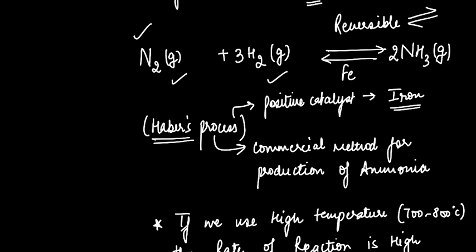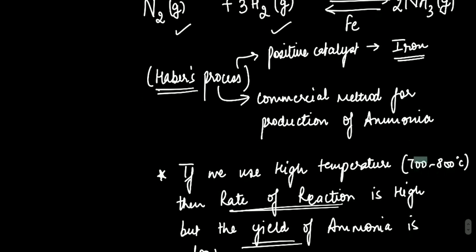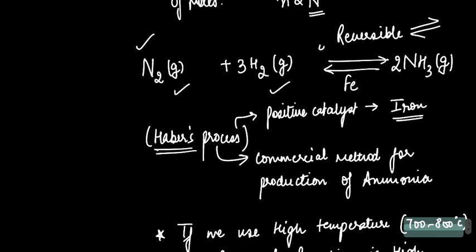Adding on, we are also reducing the temperature. Initially I wrote 700 to 800 degrees Celsius, somewhere around this range. After using the catalyst, we can use a temperature somewhere around 400 to 450 degrees Celsius, with a pressure of 200 atmospheres. So the temperature is also reduced.